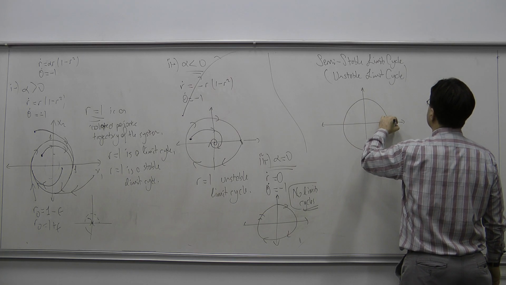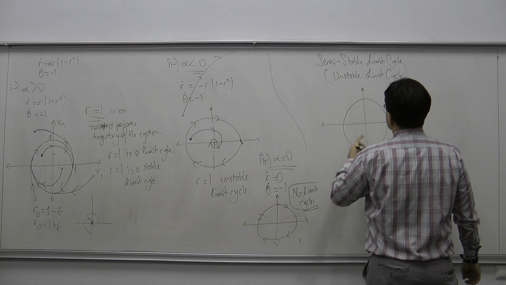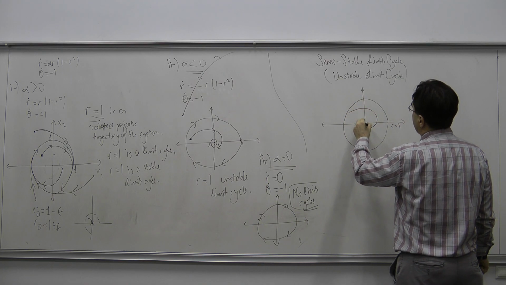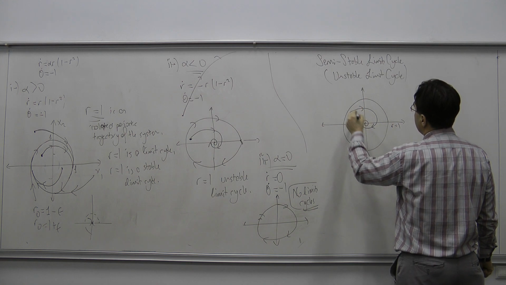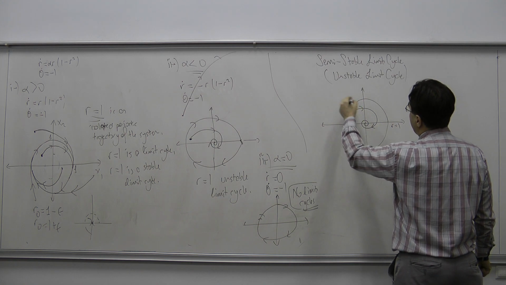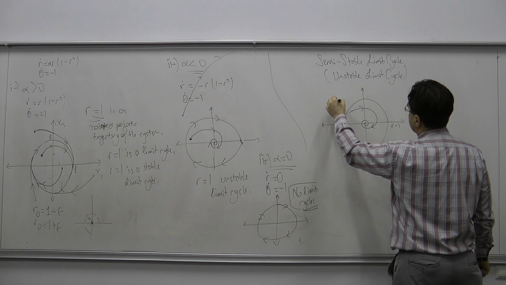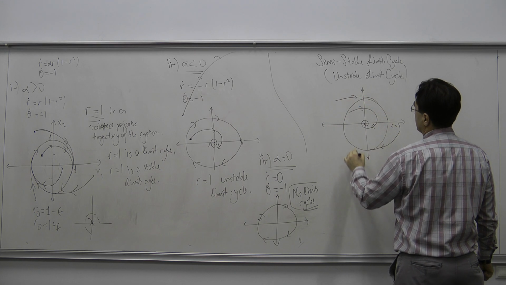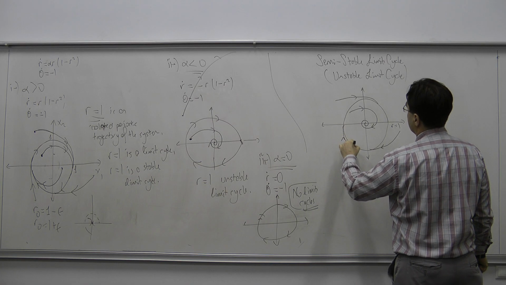Suppose that I have r equals to 1. Suppose that the trajectories inside are diverging away from the limit cycle, okay? And suppose the trajectories outside are converging to the limit cycle, like this, okay?